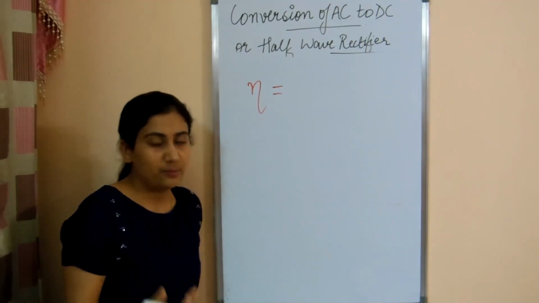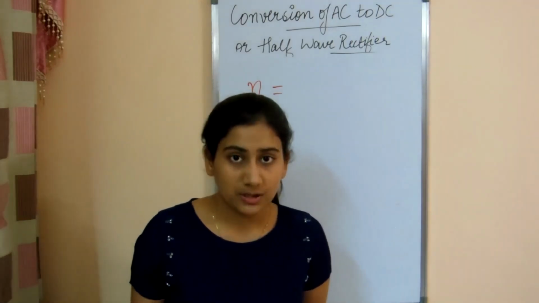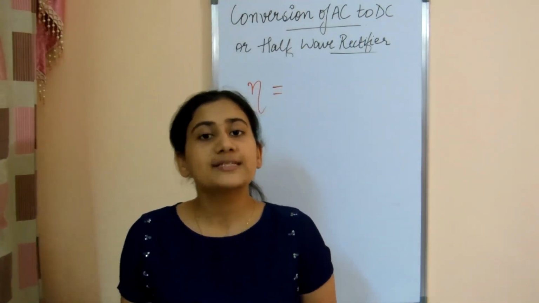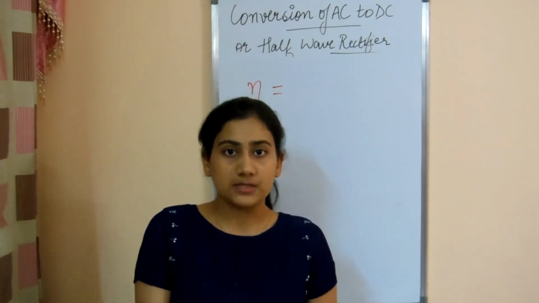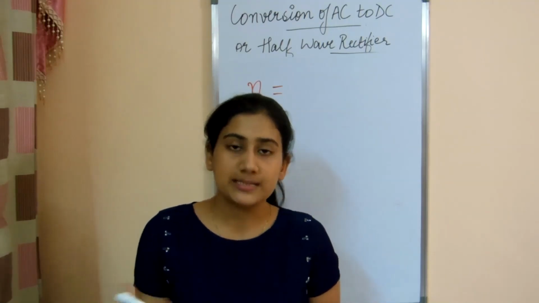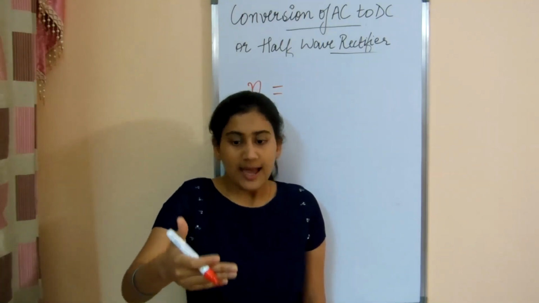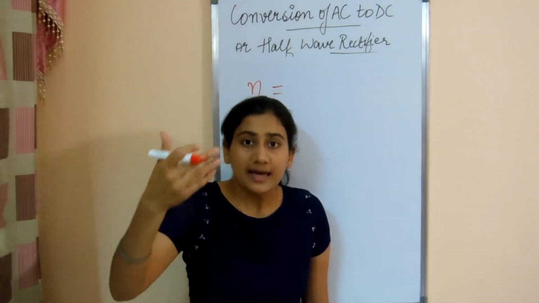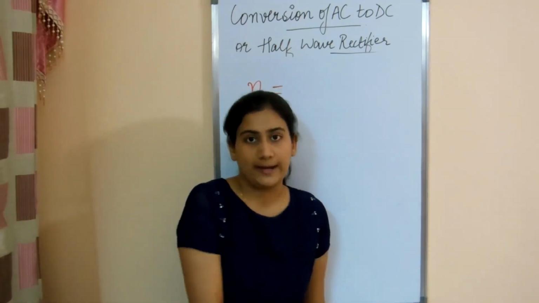Now obviously we are talking about current here, we are talking about voltage here. So how can I get the efficiency? Obviously I am going to compare the powers of my input and output. That means I have given some power to a person, and now I am going to check how much of my power he has used in the perfect or the best way.